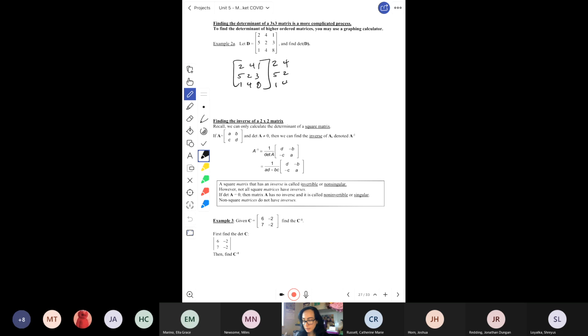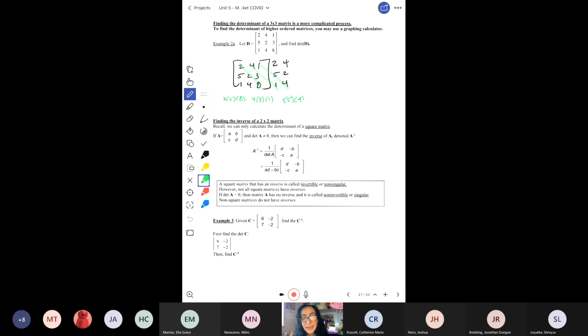So take the matrix and repeat the first two columns. Then, along the same lines, I'm going to look at products of diagonal entries. So I have my 3 diagonal entries. I'm going to take the product, 2 times 2 times 8, 4 times 3 times 1, 1 times 5 times 4.